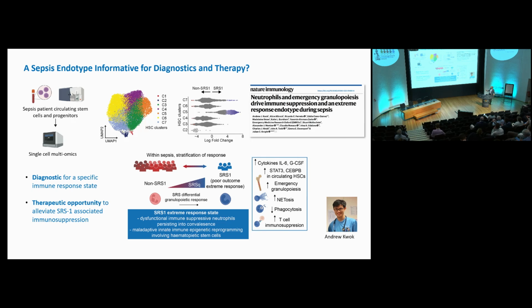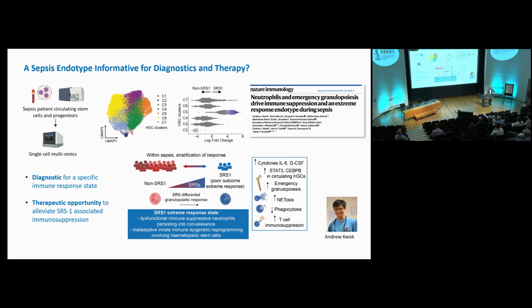There was also evidence, which I don't really have time to tell you about today, of particular transcription factors involved in emergency granulopoiesis, such as C/EBP-beta, and other features in the data sets, and through some more immunological work that we did, this suggests that there's a dysfunction in terms of emergency granulopoiesis that's driving this pathology and the phenotype that we're seeing.